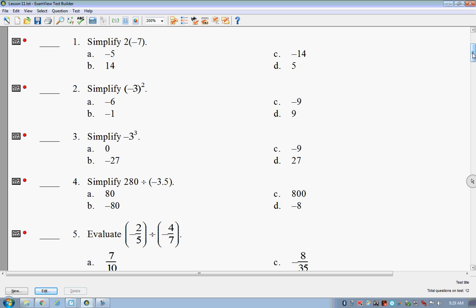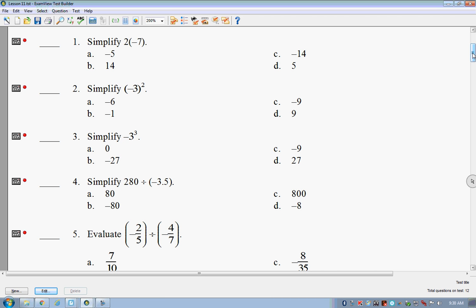Now, make sure that we understand this, this is not negative 3 times 2, correct? Because you notice that negative 6 up here is an answer. If we took negative 3 times 2, we would get negative 6, right? That's the reason that option is up there, because that's a mistake people make, is that they look at an exponent as just multiplying our base times our exponent. That's not what we're doing. We're multiplying our base times our base that many times.